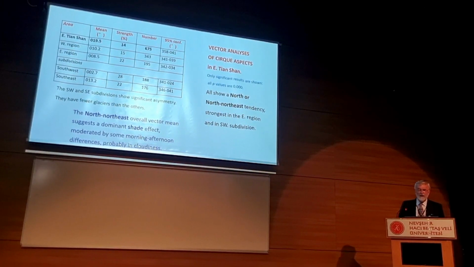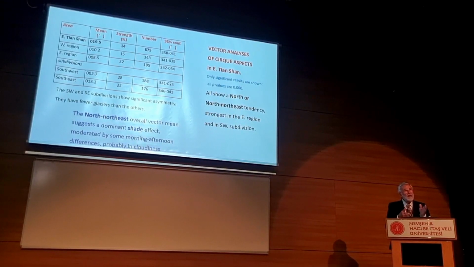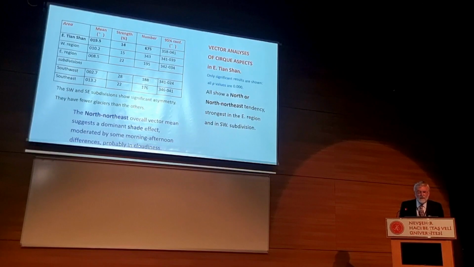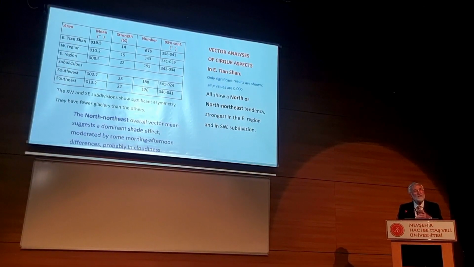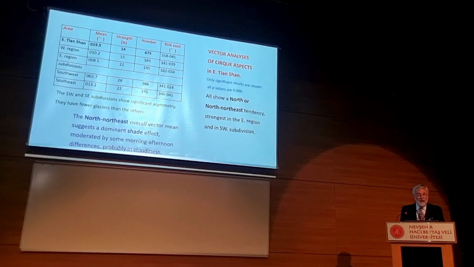If you look at the way in which cirques face, the aspect in which they are open, we often see a strong asymmetry because of shade differences and because of wind and other effects.